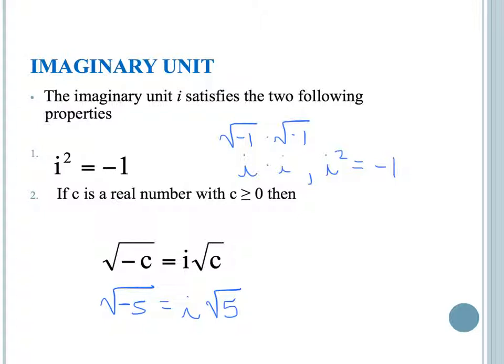If we happen to have something like the square root of -4, the square root of the negative would give us i, and the square root of 4 gives us 2, so that would be 2i. We're going to spend a couple minutes practicing with imaginary numbers in the next few examples.